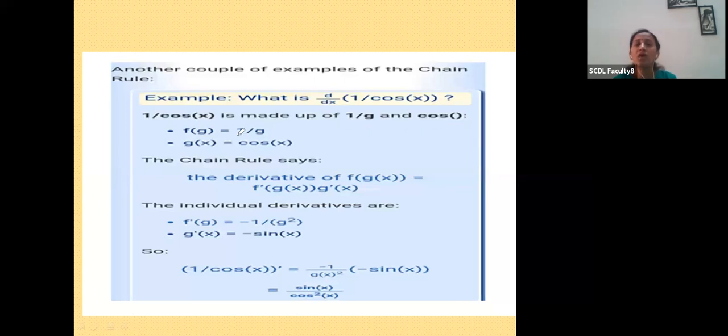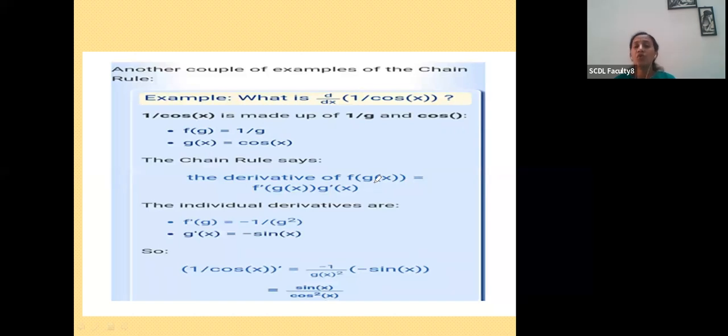Okay, so f of g is nothing but 1 upon g and g of x is nothing but cos x. Now, whatever I write here as g is with respect to our given formula. Like here the formula of the chain rule is given, the derivative of f of g of x is equal to f dash g of x times g dash x.